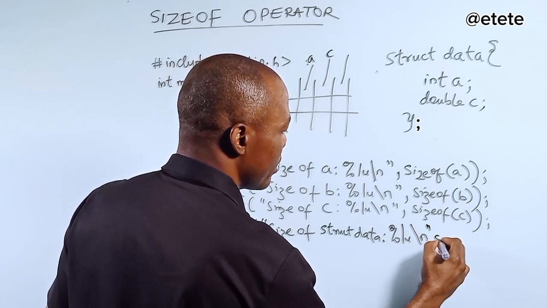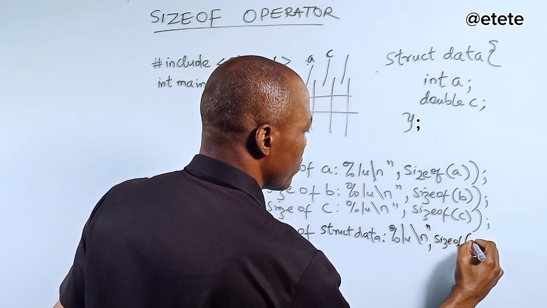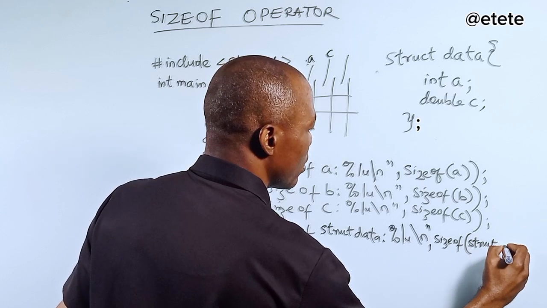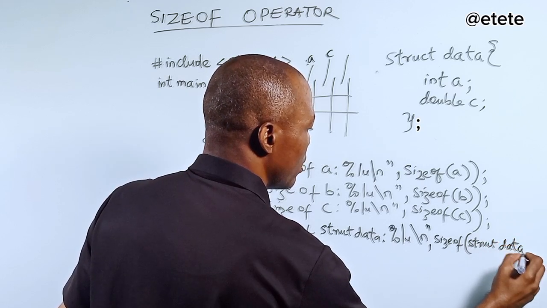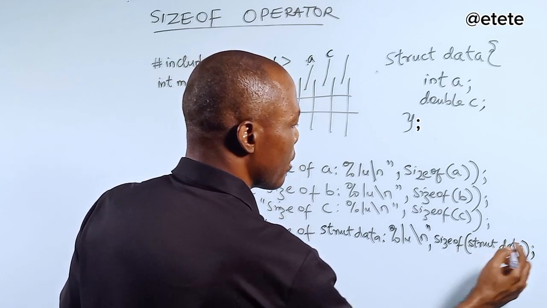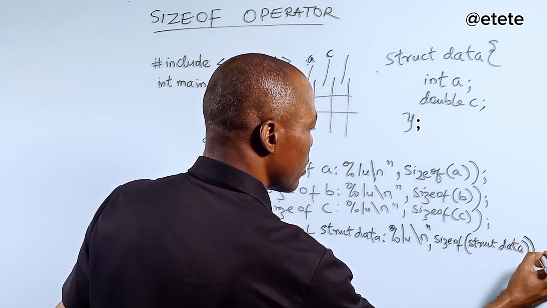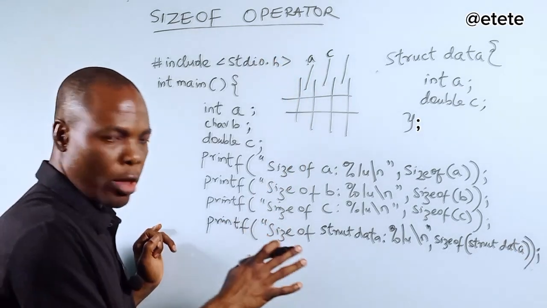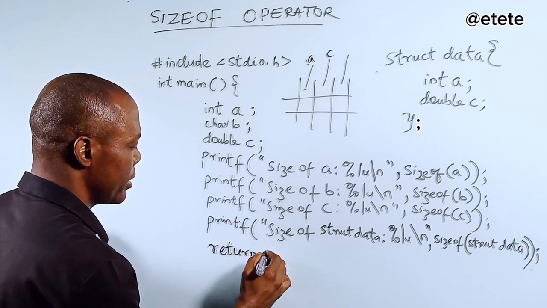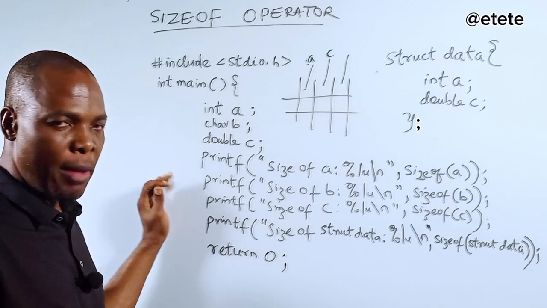Then I will say sizeof struct data. I will stop here. So I can say return 0, right? So what will be the value of this when I print it out?